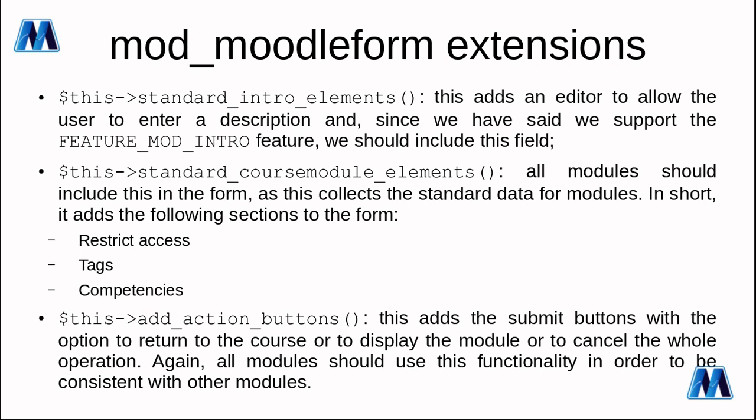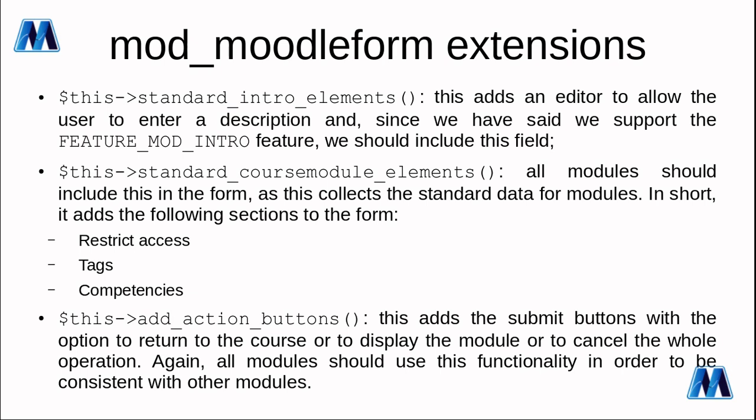And then the final one is add action buttons, which overrides the Moodle form one, which adds additional buttons to the form. Okay. So all modules should use this functionality to maintain consistency with all other modules.